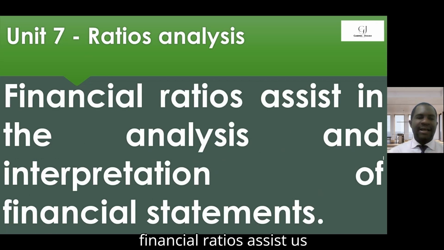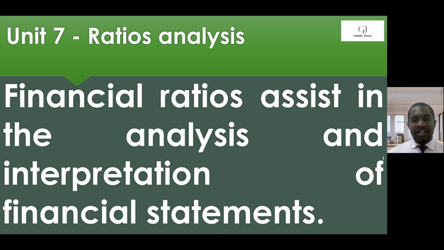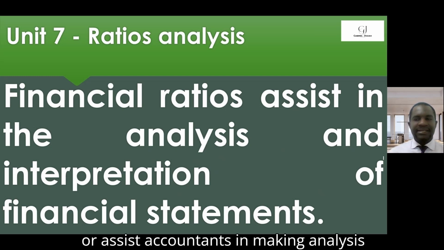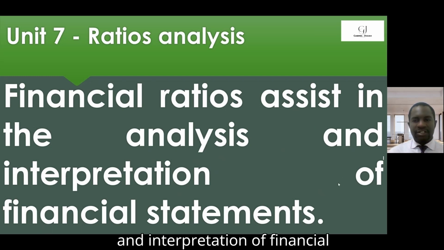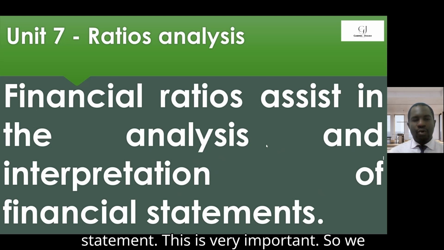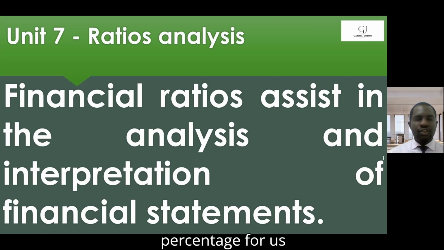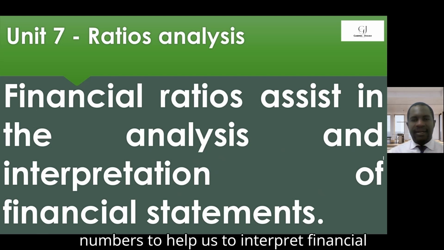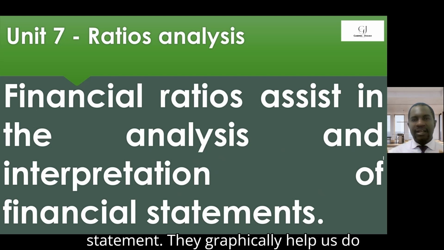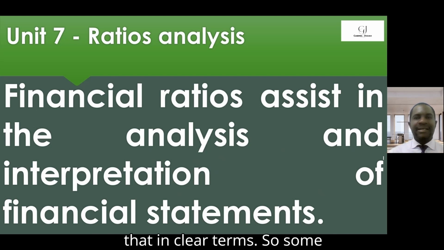So financial ratios assist accountants in making analysis and interpretation of financial statements. This is very important. So we use financial ratios to express results as a percentage or as numbers to help us interpret financial statements. They graphically help us do that in clear terms.